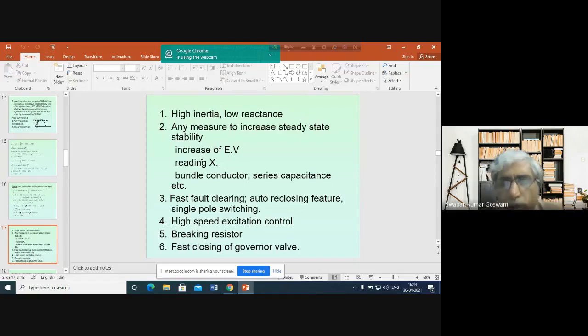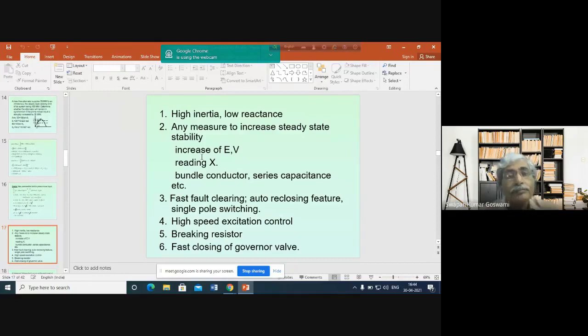Therefore, you adjust the value of E by changing the field current such that the terminal voltage of the generator remains constant. This is needed, and if that can be maintained, then you can say that the steady state stability will be maintained properly. A proper value of power transfer limit may be obtained for this system.